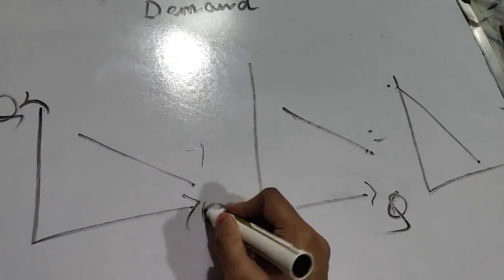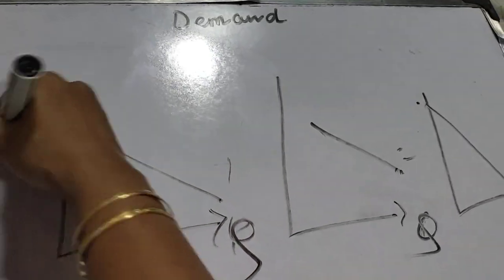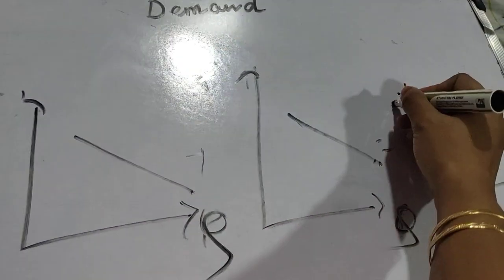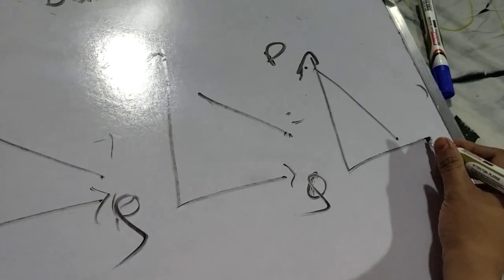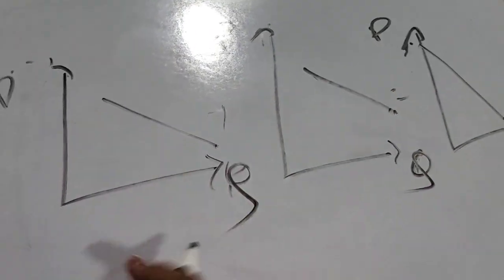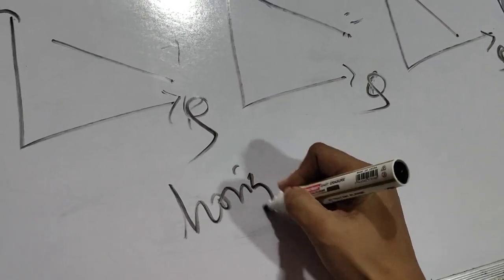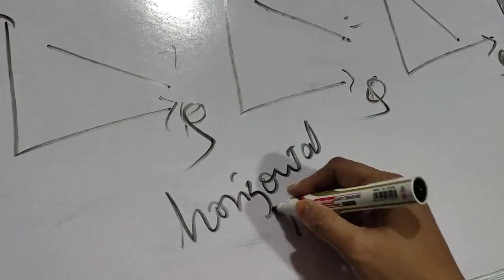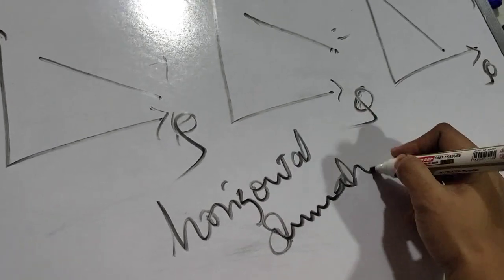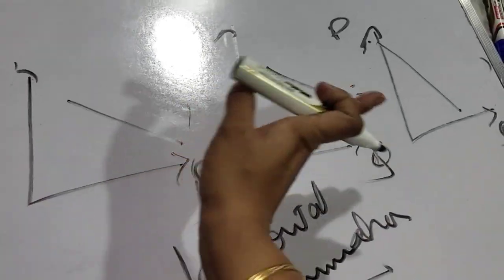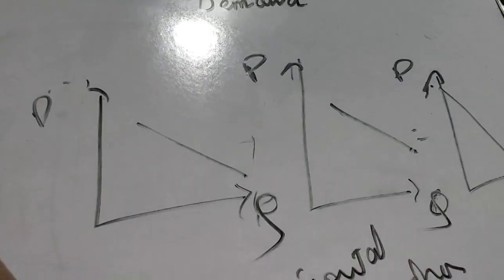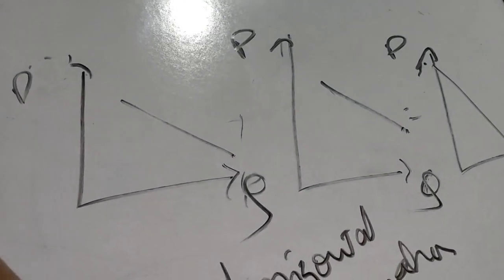So quantity here, price here. This is my price and here we have my quantity. So this is a horizontal summation. Remember, it's the quantity that is being added, not the price. So this was individual demand and market demand.